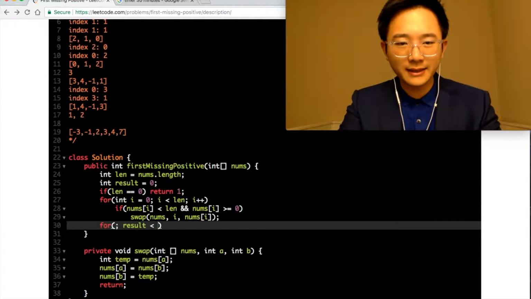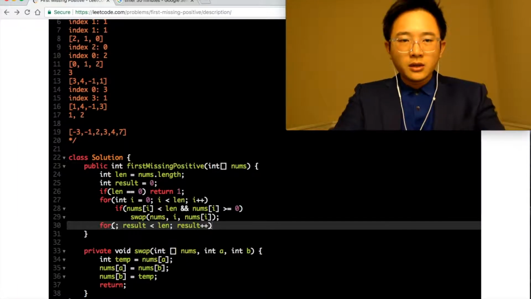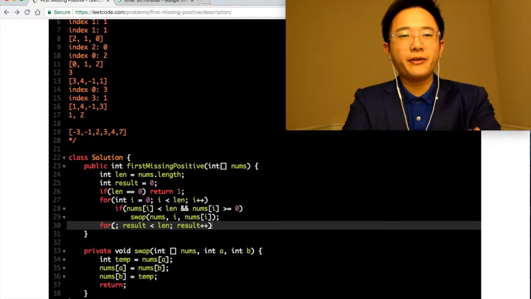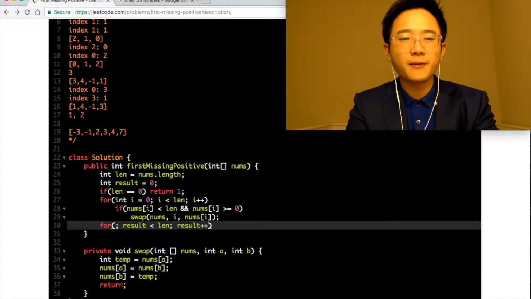result less than length. Result plus plus. 0, 1, 2. Okay. So but we don't want the first integer to be 0, right?